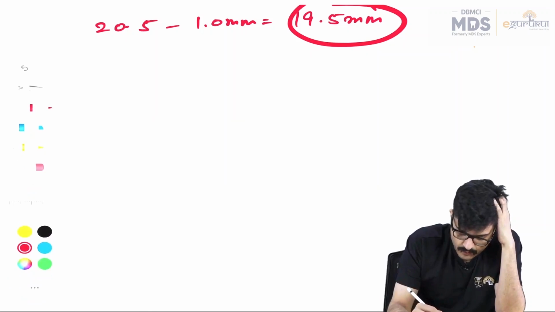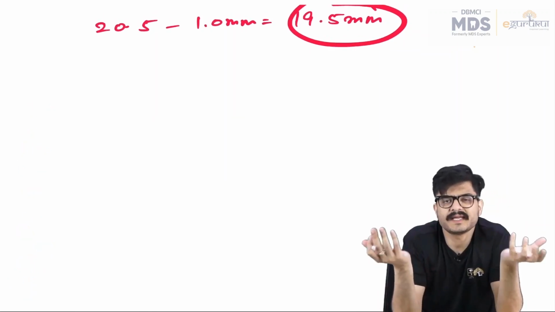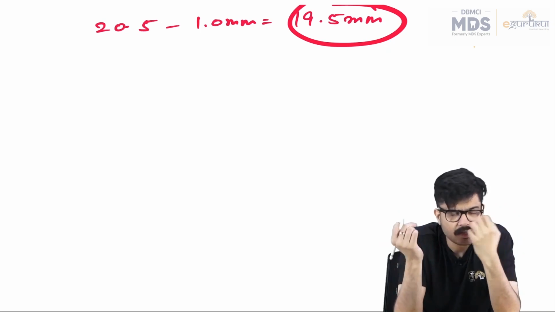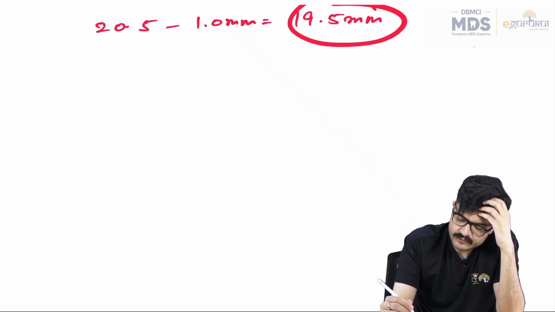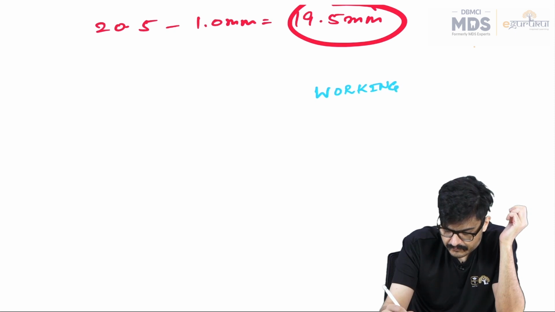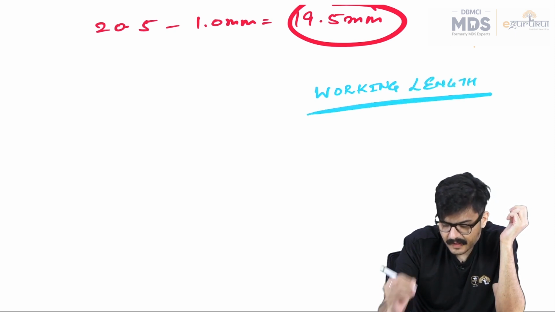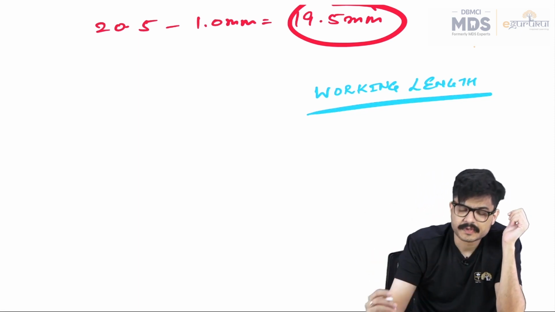So we have the formula as, what do we want to determine? We want to determine the actual working length, right? Based on X-rays. So let us have a ratio in which we say that working length divided by the length of the instrument.